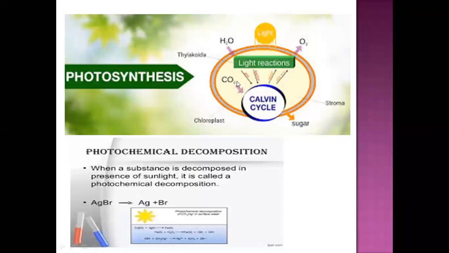CO2 and H2O react in presence of light, and then it converts into sugar, and here O2 comes out from this reaction. Okay, and here sugar is absorbed in the plant. So this is the detailed chart for this photosynthesis reaction.